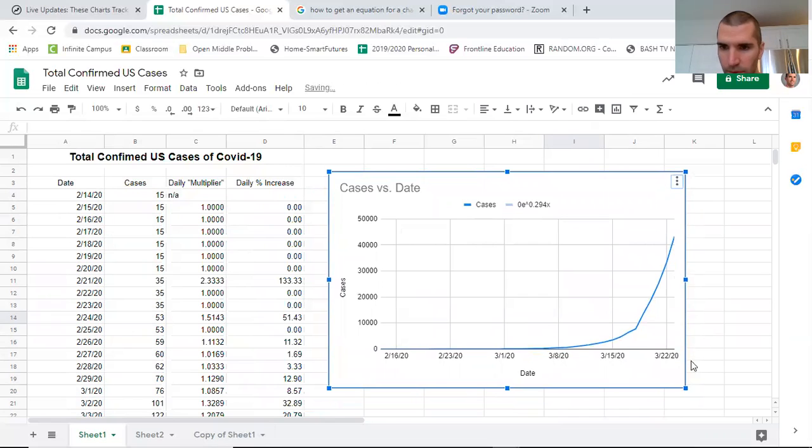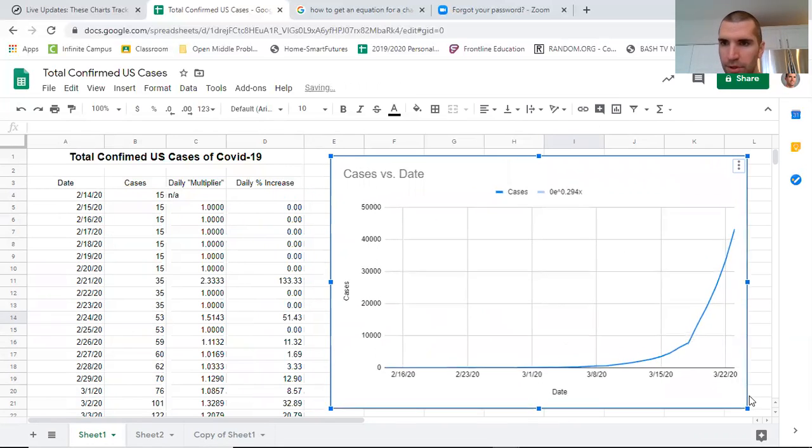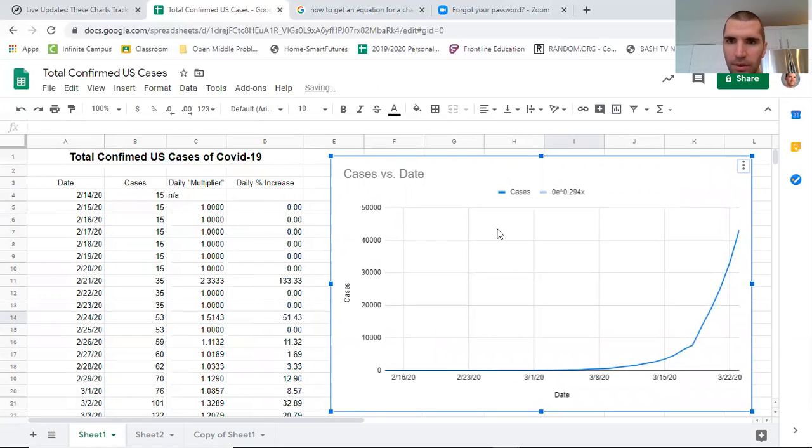Those of you that are in my honors class, we talked about compounded continuously, that P e to the r t. So that's the form the equation is in. Those of you not in my honors classes, all you really have to realize is that this number, 0.294, the number in front of the x, is your rate of increase every day.